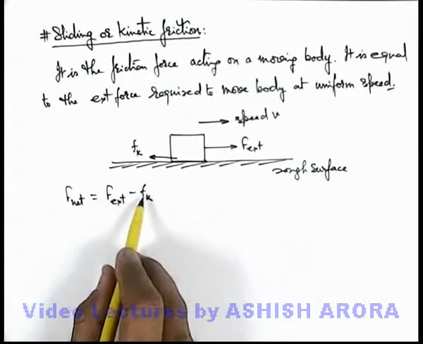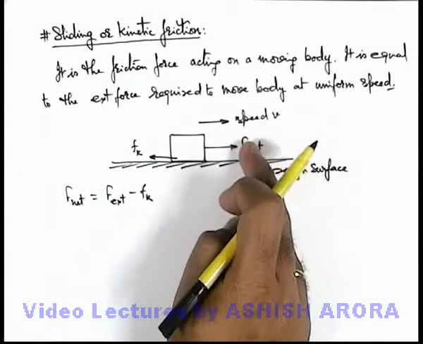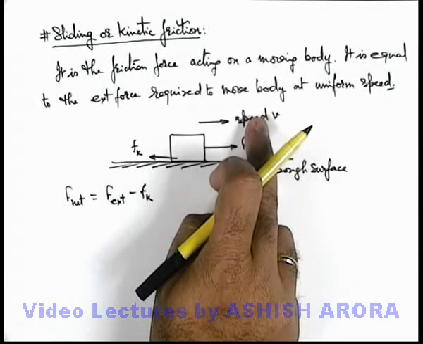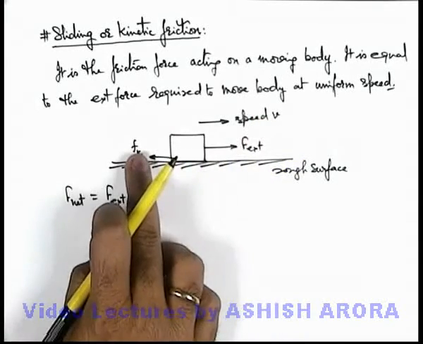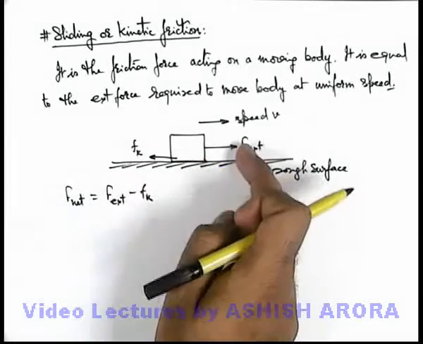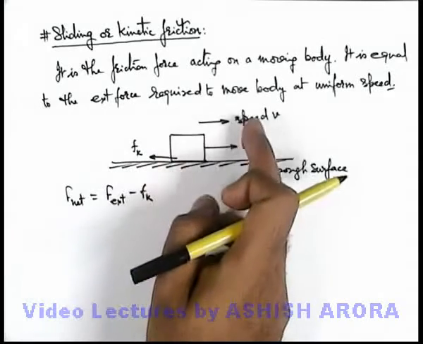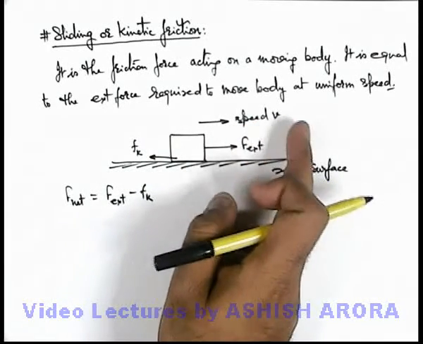So if external force is toward the right, F external is more, speed will increase as the net force is in the direction of the speed. If kinetic friction is more, this value will be negative, or net force will be Fk minus F external, that is in the backward direction, and as it is opposite to the speed, the speed will decrease.